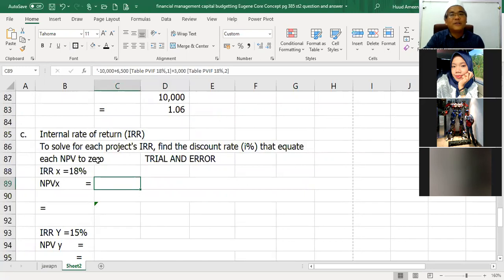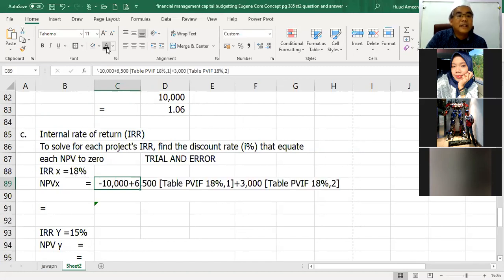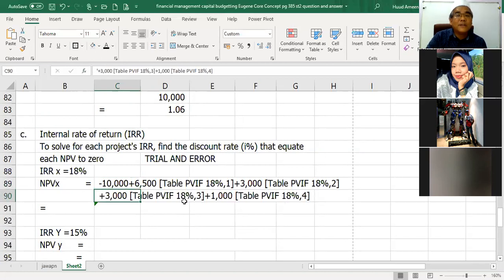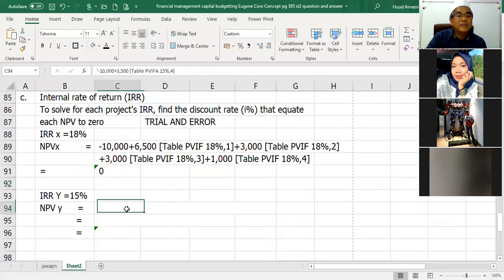So you have to try and error. For X, I tried 17%, 18%, and I got 18%. Then you change 12% to 18% in the NPV, and you will get near zero. You use the same annuity formula.